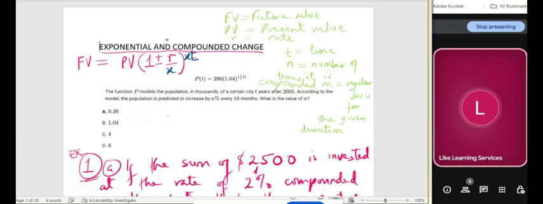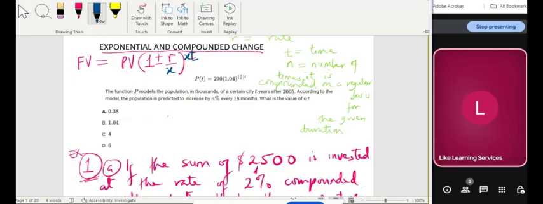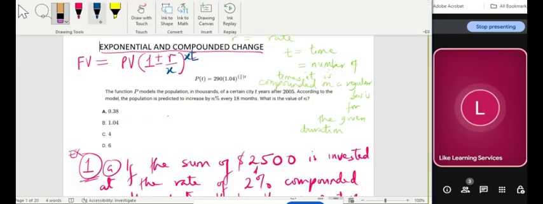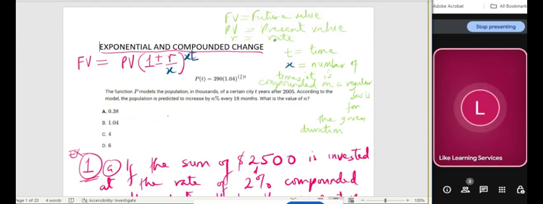So what I wrote: the future value is the present value, open the bracket, 1 plus or minus r over x, close bracket, raised to the power xt, where FV is future value, of course, PV is present value, r is the rate in percentage, x is the number of times it is compounded in a given period.